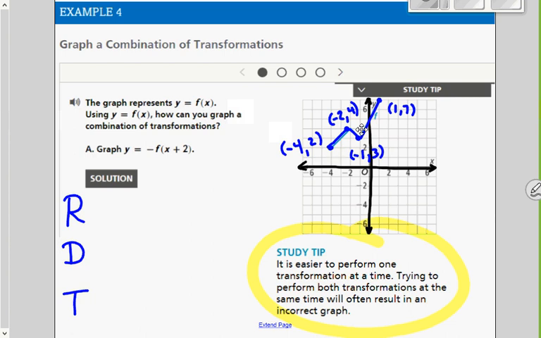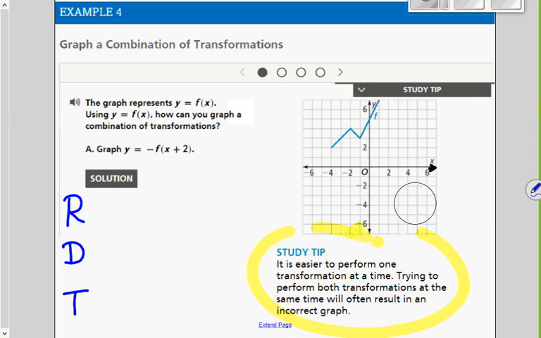I don't really care about what function produces this picture. All I care about is, what if I took this generic f of x and I produced this instead? What would a negative out in front and an x plus 2 on the inside do to this graph?